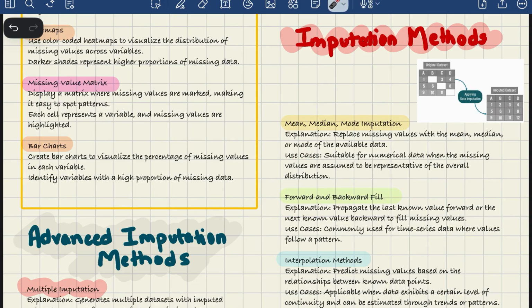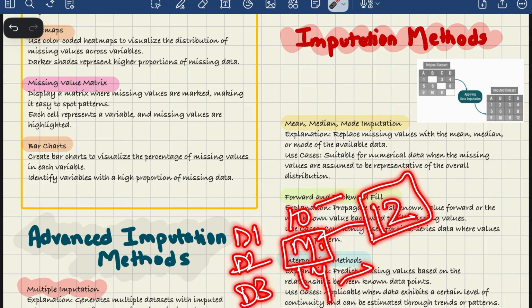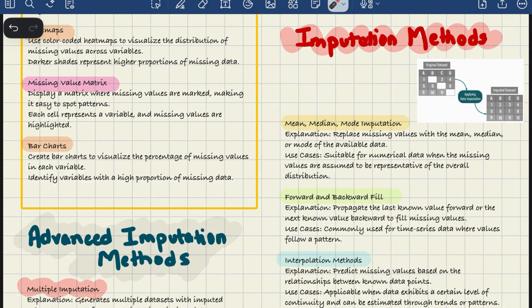It is applicable when the data exhibit a certain level of continuity, right? For example, day 1 the value is 10, day 2 the value is missing, and day 3 the value is 14. So you see 10 and 14, and by linear interpolation we assume day 2 would be approximately 12.